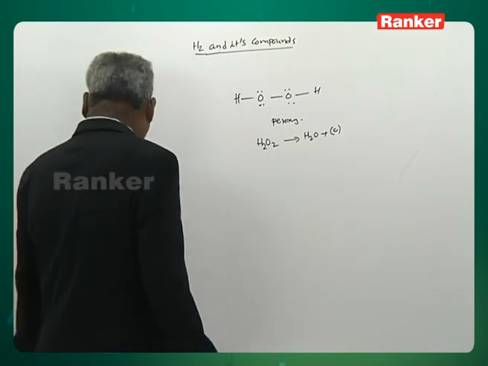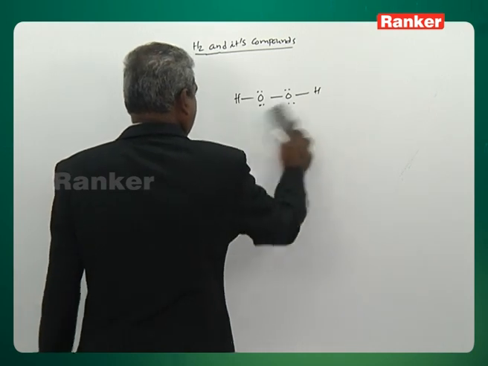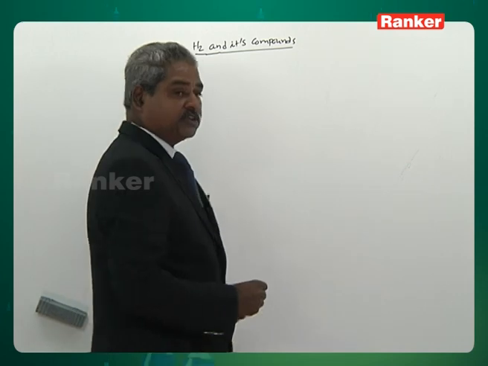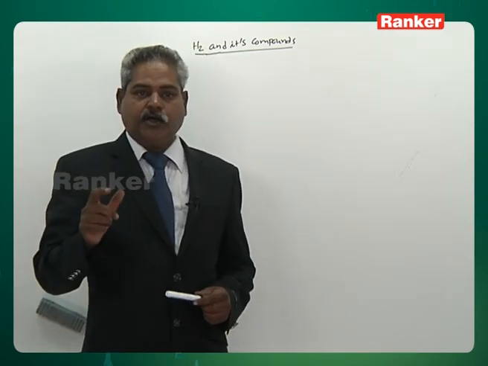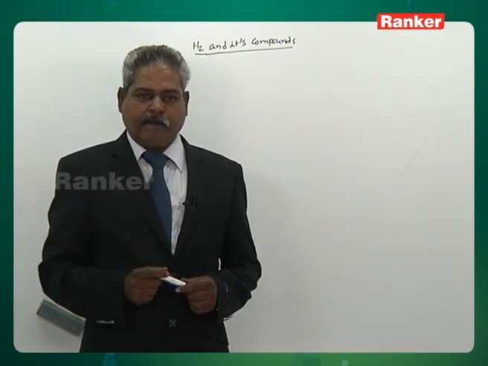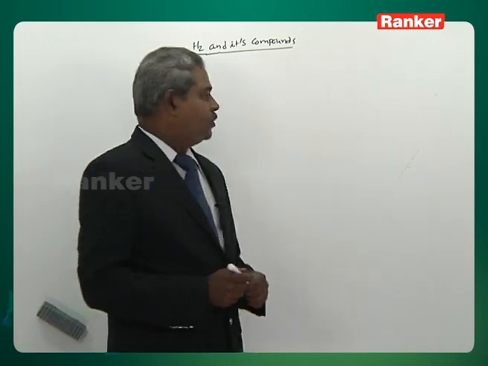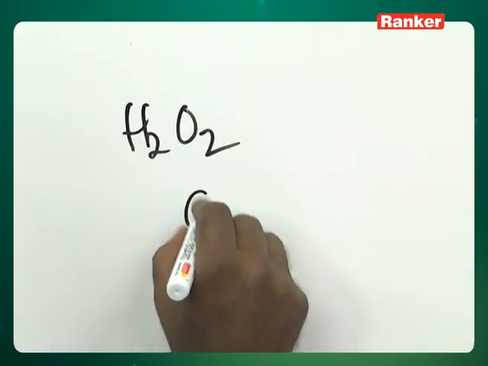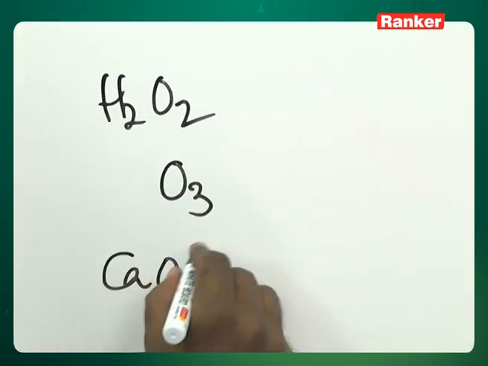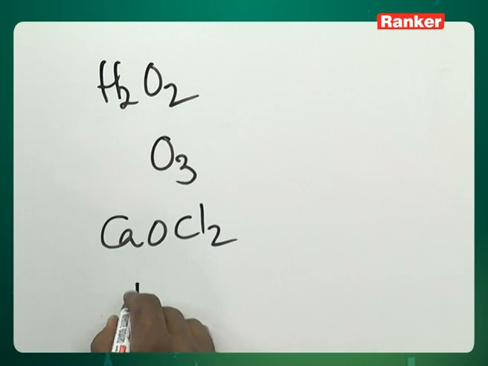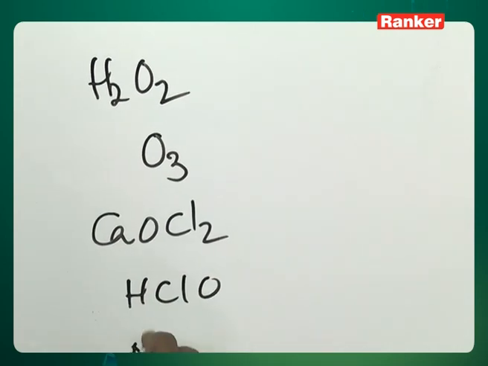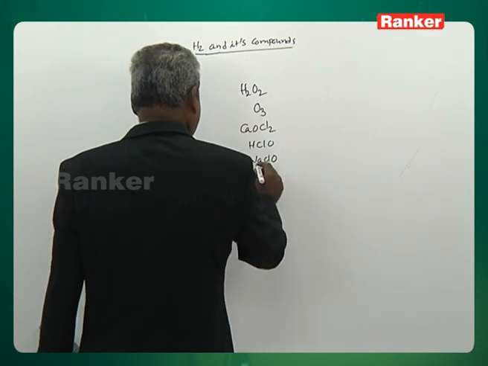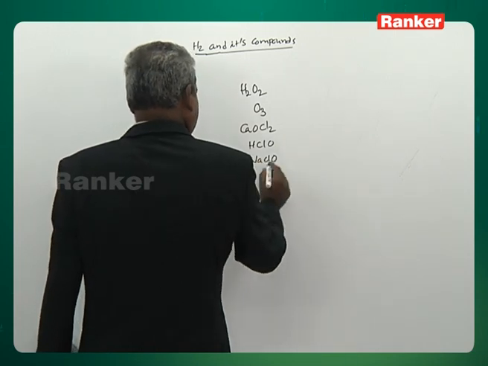So what will it do? Because of the weak peroxy bond, all substances that contain that peroxy bond lose oxygen very easily. So there are a host of substances: H2O2, O3, CaOCl2 bleaching powder, HClO, NaClO, like that.